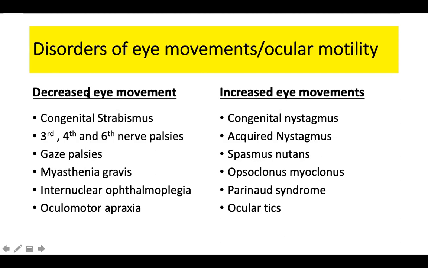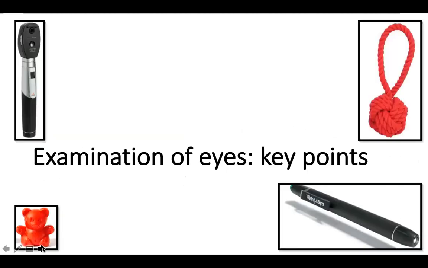So these are some of the conditions in which there are restricted eye movements, and there are certain more conditions in which there are increased frequency or unwanted, abnormal, intrusive eye movements like ocular opsoclonus, ocular flutter, spasmus nutans, and nystagmus. So we'll be seeing a few of these conditions in detail.